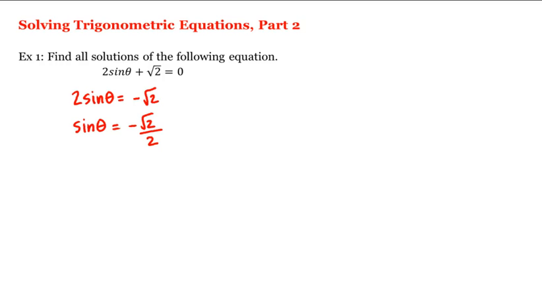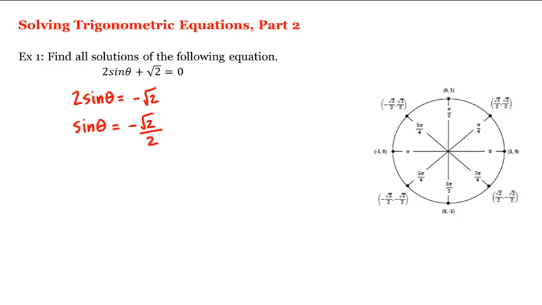Now remember, with your unit circle, the sine of theta is the y-coordinate of the point of intersection of the terminal side of the angle and the unit circle. And looking down here in quadrant 3, we see that the y-coordinate of this point is negative root 2 over 2, which corresponds to the angle of 5 pi divided by 4.